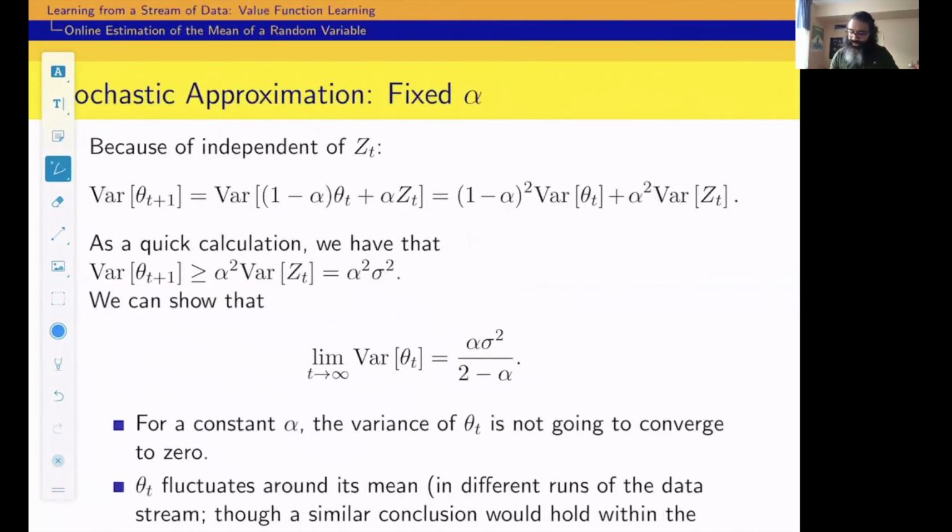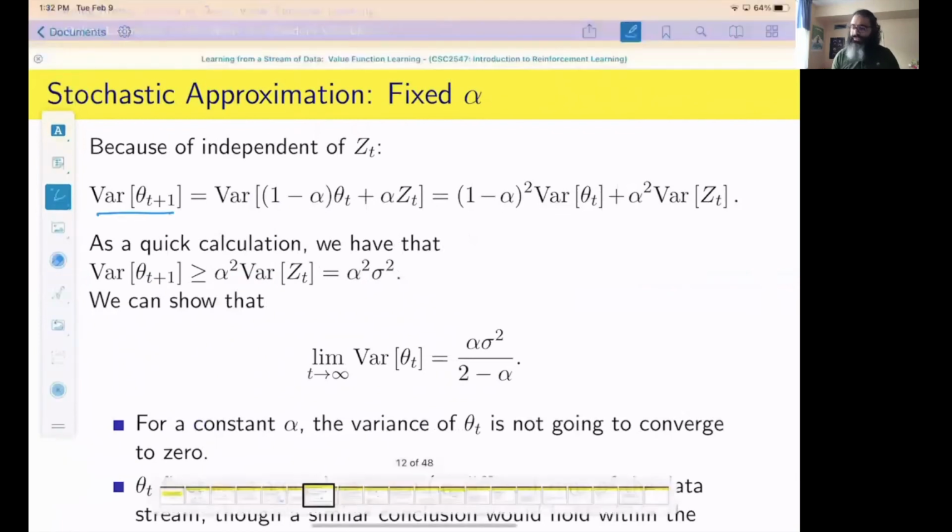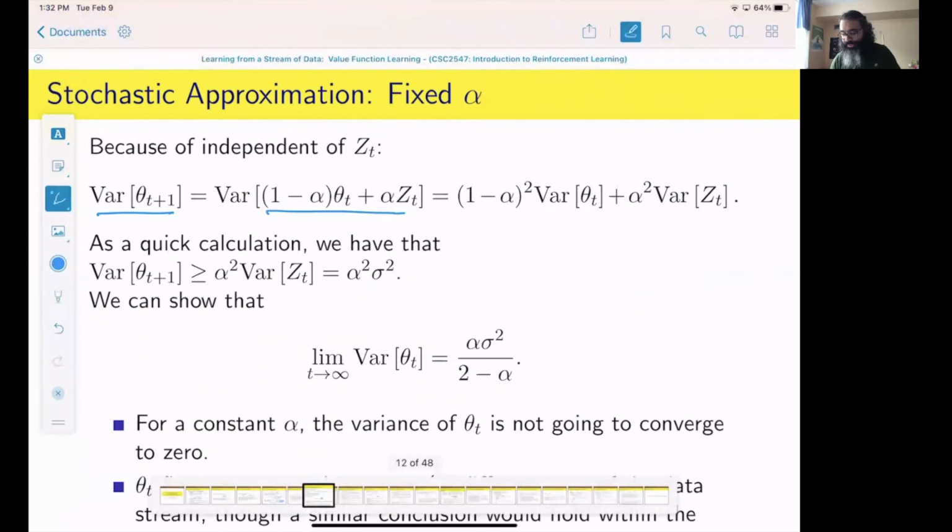If we compute the variance, we get something like this. The variance of theta t plus 1 would be the variance of the right-hand side. I decompose it into two parts: (1 minus alpha) squared times the variance of the random variable at time t, plus alpha squared times the variance of the random variable z.